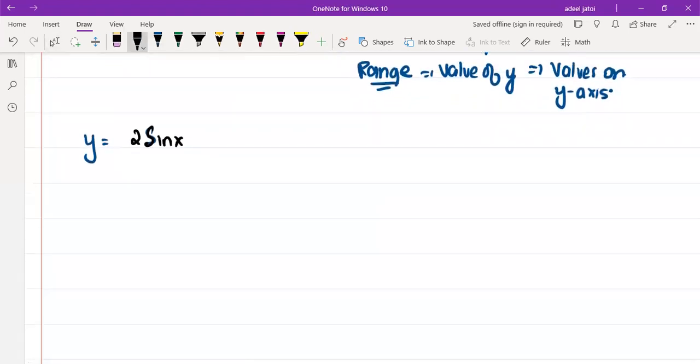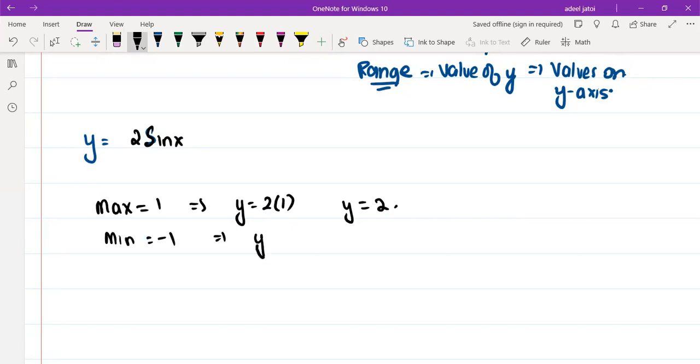You need to understand what the maximum value of sine is: 1. So this would be 2 multiplied by 1. We substitute 1 in place of sine x, so now my maximum value will be 2. My minimum value used to be -1. I substitute my minimum value in place of sine x.